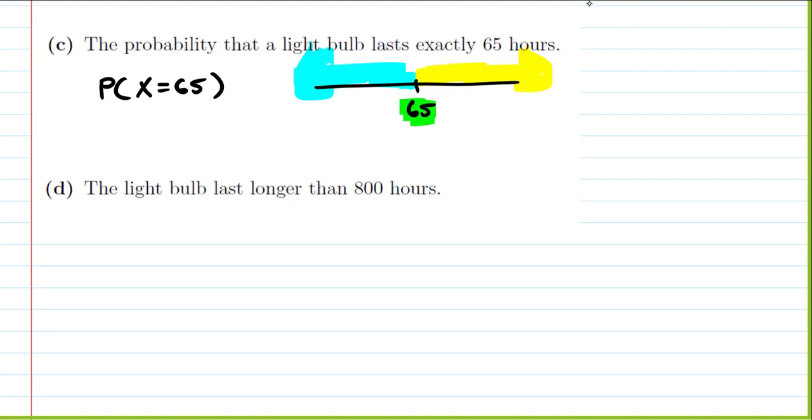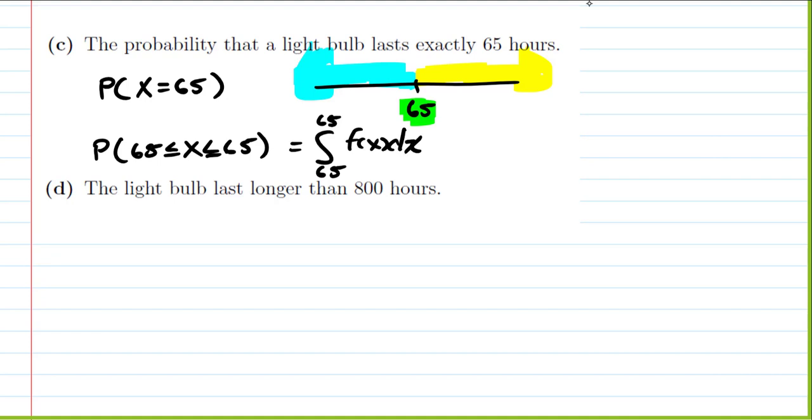Because if you're greater than or equal to 65 and less than or equal to 65, that set contains exactly one point, and that one point is 65. So that would be 65 is less than or equal to x is less than or equal to 65. So as an integral, it would be the integral from 65 to 65 of f of x dx.